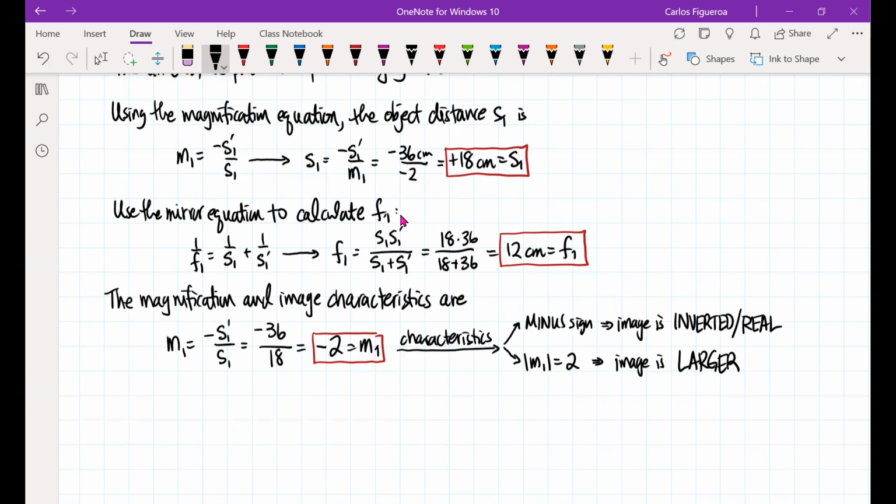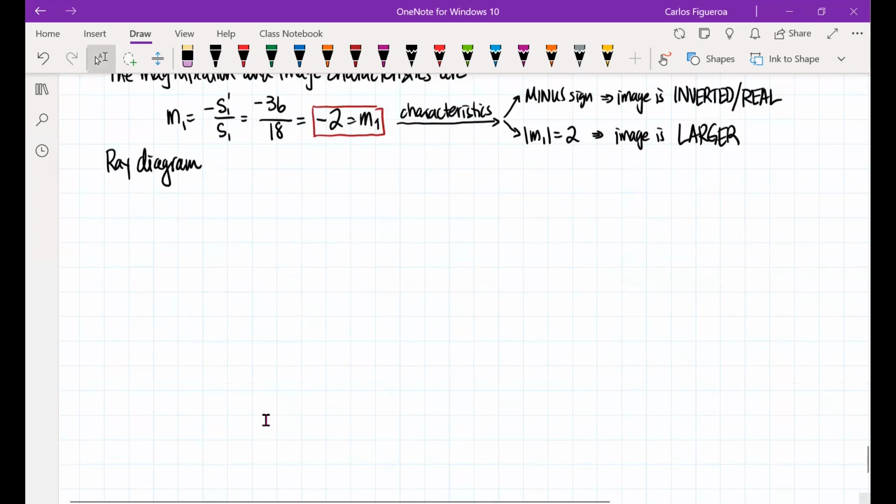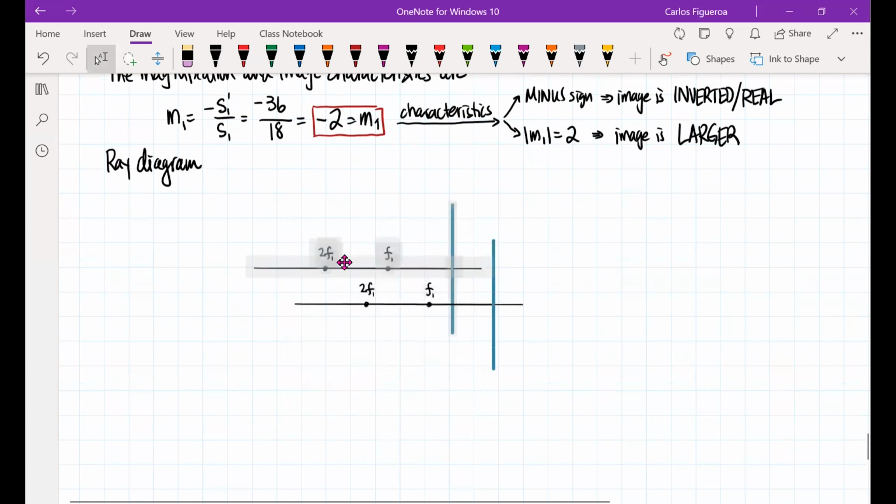So now I'm going to sketch in my ray diagram for my mirror. So here's my ray diagram. I'm going to paste this in here.